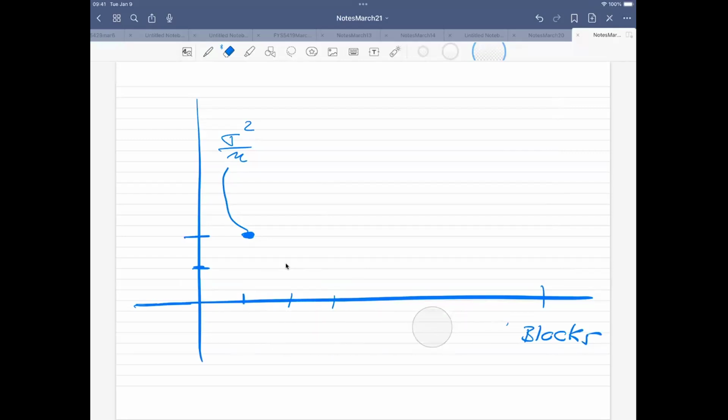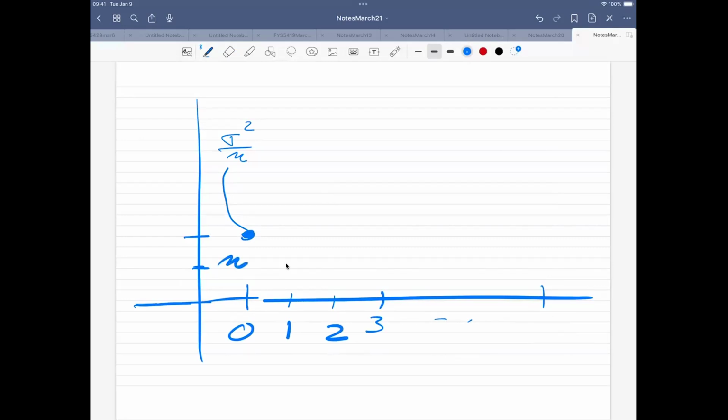So let me do that. This is 0. Then I have 1, 2, 3, etc. So in this specific case, I'm using the full data set. Then when I get to 1, in that specific case, I'm evaluating this quantity sigma m squared.